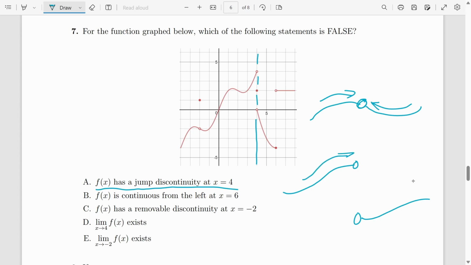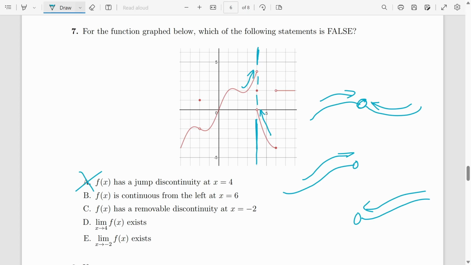That's not the case with a jump discontinuity; they approach different values. So at x equals 4, yes, it absolutely does. It approaches one value on this side and a different one on that side. So that is absolutely a jump discontinuity. It is true, so we should cross it out, since we're looking for one that's false.